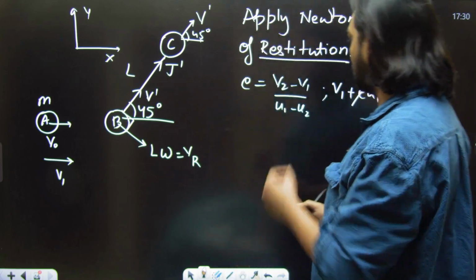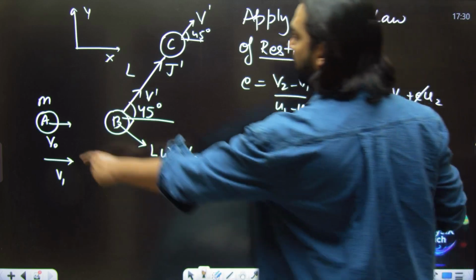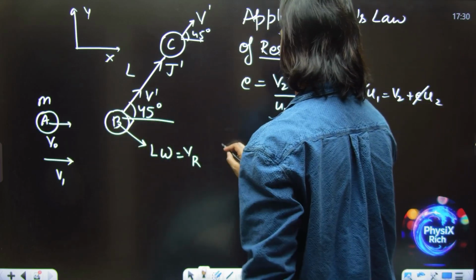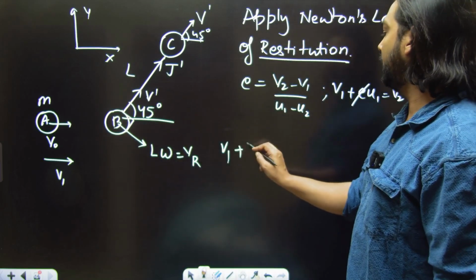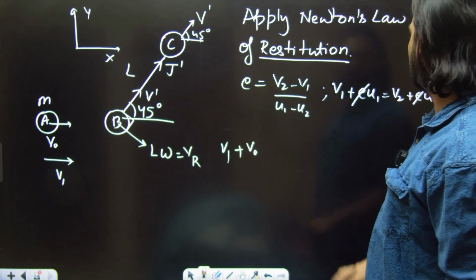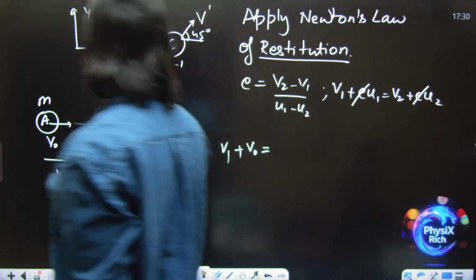All right, so let's write down. This is V1. V1 is basically the velocity of this guy after collision. So I will simply write V1 as I have assumed in the other equations as well, plus V0. V1 plus V0 equals U2 is as well 0. This guy is not moving before the collision.